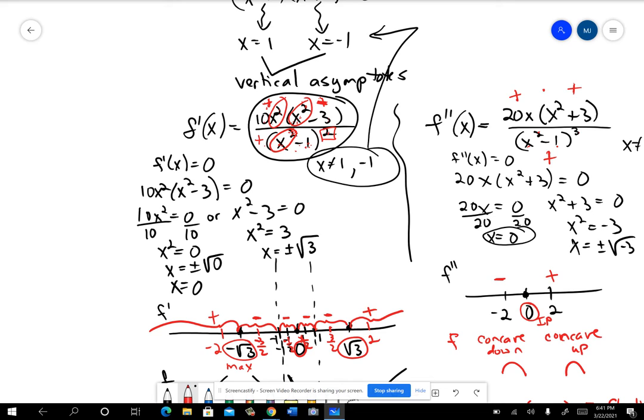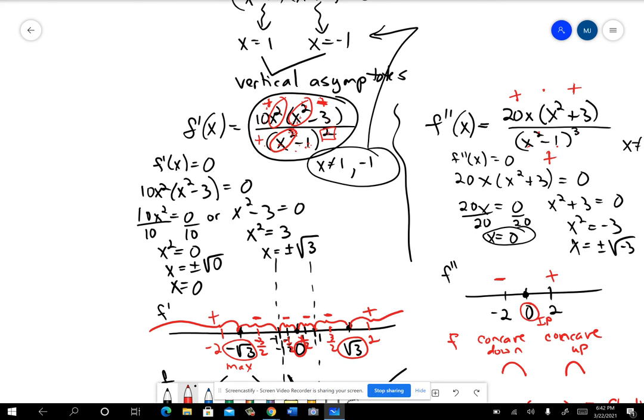All right, so when I plugged in the negative square root of 3, okay, first, my derivatives look okay. All right, and so let me go look.